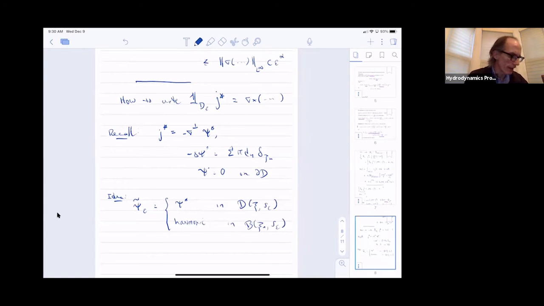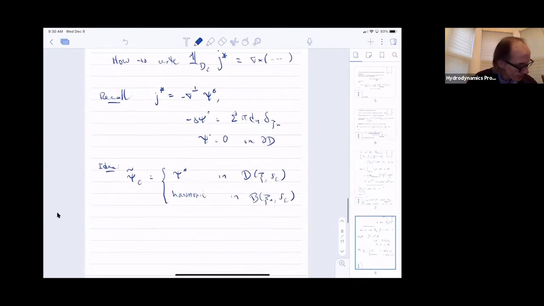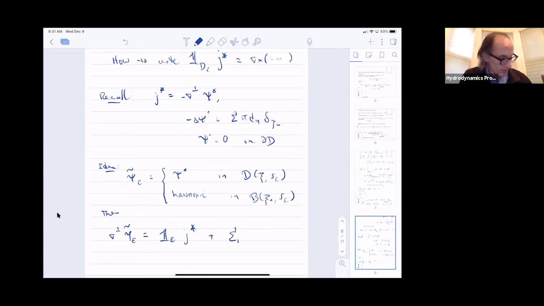And so what happens? The point is that away from the vortices, this will equal exactly what I want, plus there will be contributions in the balls.